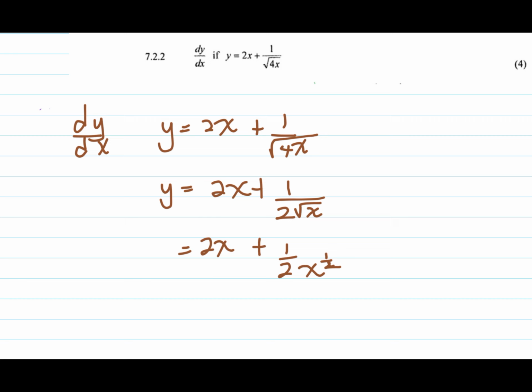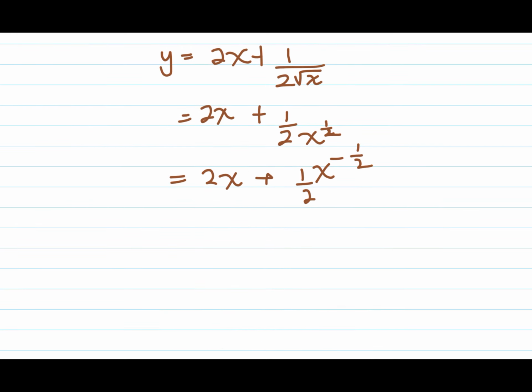Then if we move it up, it becomes x to the power negative 1 over 2. So now it's in the numerator, moved up. And then this 1 over 2 is a constant. So take it as a constant, like if it was just, let's say, 2, for example.